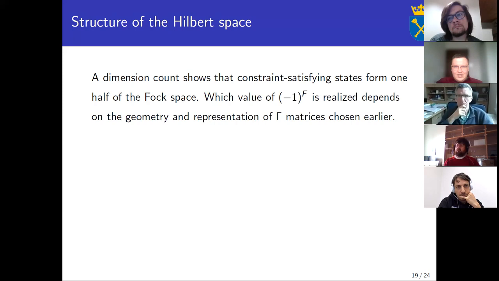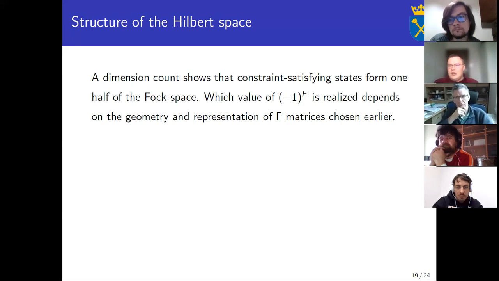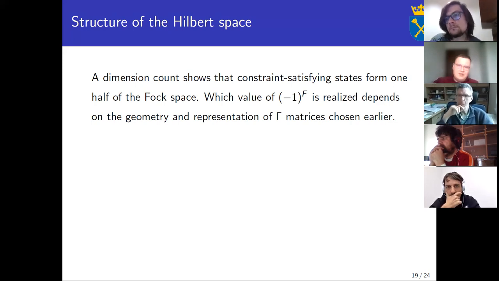And which value of (-1)^F is realized depends on the geometry and the representation of gamma matrices that we chose. I remind you that there was some operator, small gamma of x, which was the product of all gamma matrices on the given site, and we had to choose whether it is 1 or -1. So this choice has an effect here.